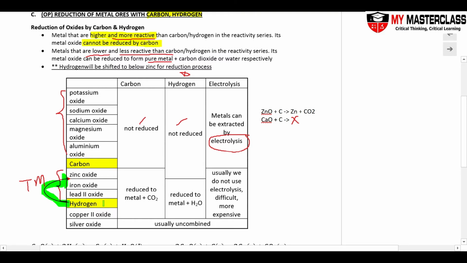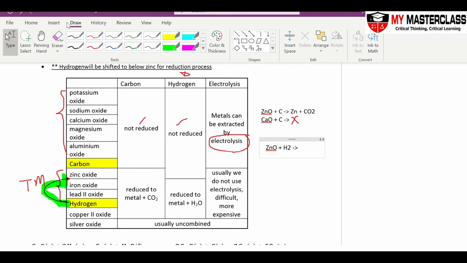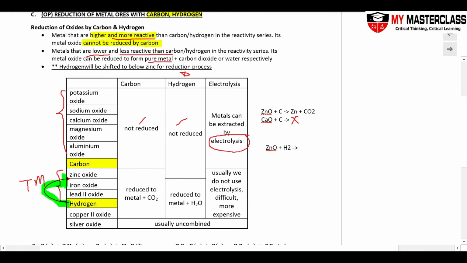Most of the time, when we refer to hydrogen, we are referring to the metal acid reaction. But if it is a reduction or extraction process, I have to move the hydrogen up 2 steps. So essentially now the hydrogen is below zinc. Same idea: if I have zinc oxide plus hydrogen, because zinc is still more reactive than hydrogen and higher than hydrogen in the reactivity series, I cannot use hydrogen to reduce zinc oxide to form zinc.